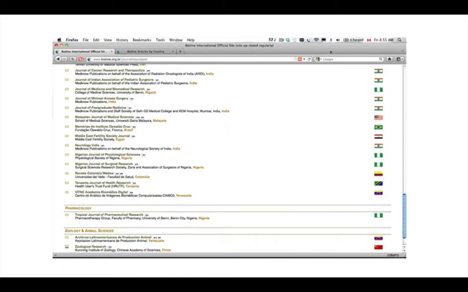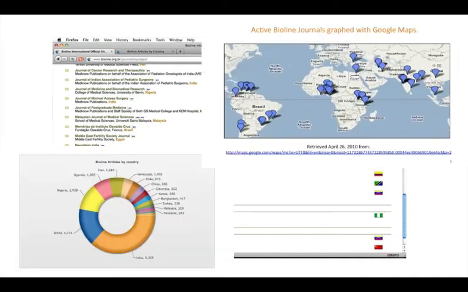It is important to remember that BioLine International is not a publisher. We're simply an aggregator, and we provide a platform for journals that do not have the infrastructure to provide electronic dissemination. We also provide additional metadata enrichment to the journal articles and link them to databases that are in the open access environment.